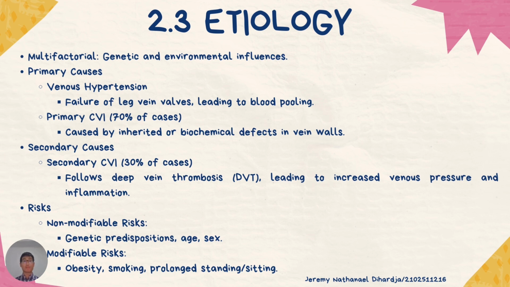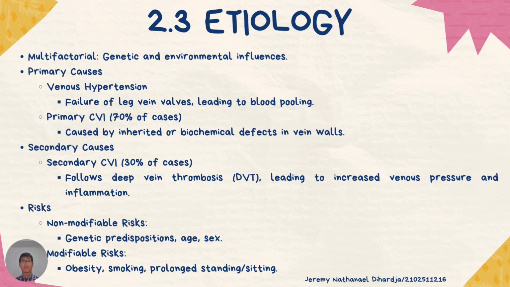Now, we will move to chapter 2.3, which is the etiology of chronic venous insufficiency. My name is Jeremina Penel Herdia, with student number 26. The primary culprit behind CVI is venous hypertension, caused by the failure of leg vein valves to prevent the backflow of blood, exacerbated by obstacles like blood clots.